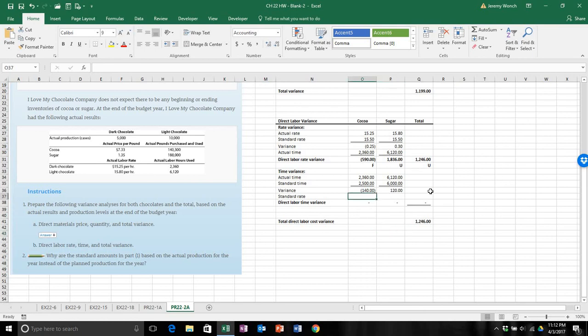So we multiply that times the standard rate, and so we have the standard rate of $15.50, and so that gives us a favorable variance on the cocoa, an unfavorable variance on the sugar, and overall a favorable variance.